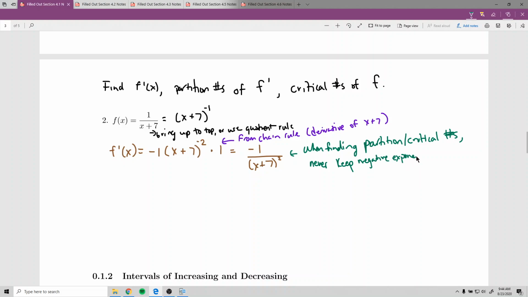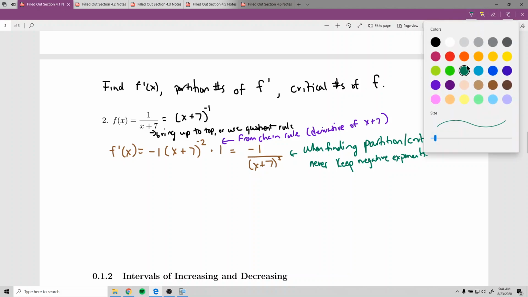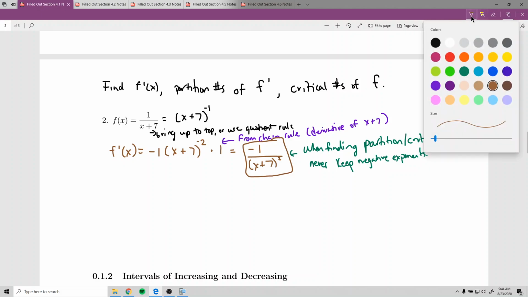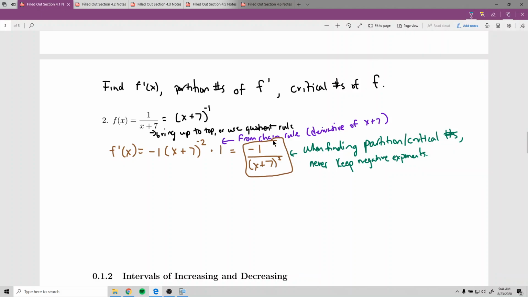That'll lead you down the wrong way 99% of the time. Okay, but this is our simplified derivative. And we kind of mentioned before, whenever you have something to a power, that really is simplified.